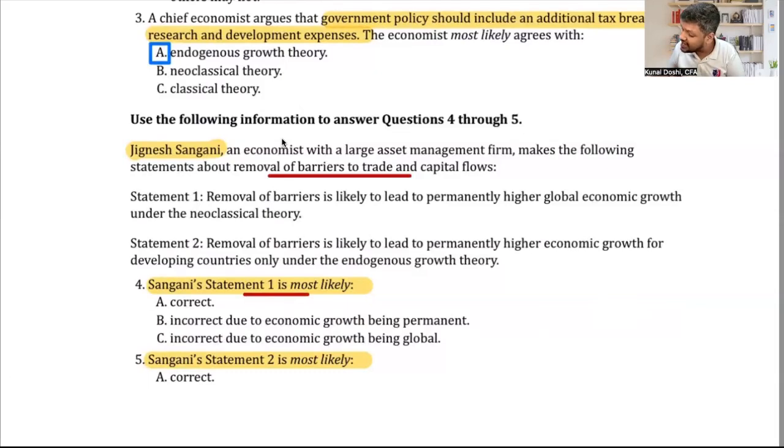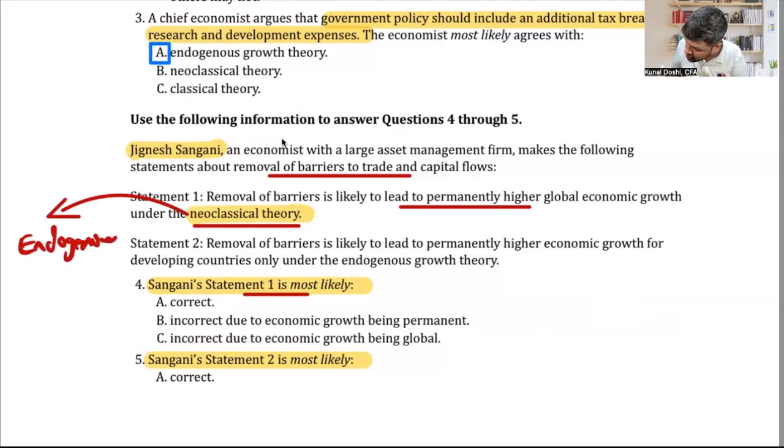Removal of barriers is likely to lead to permanently high growth, but under which theory? Not neoclassical. It is under which theory, guys? This is only permanent. Whenever I see permanent, it is only under endogenous, isn't it? Correct, correct, correct, correct. Yes. So is statement number 1 correct or incorrect?